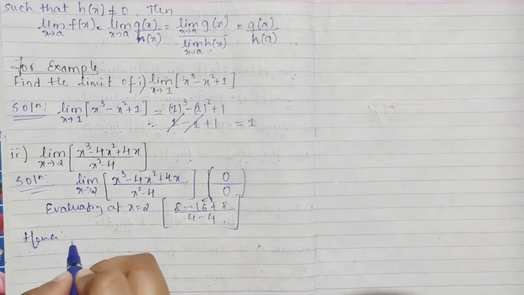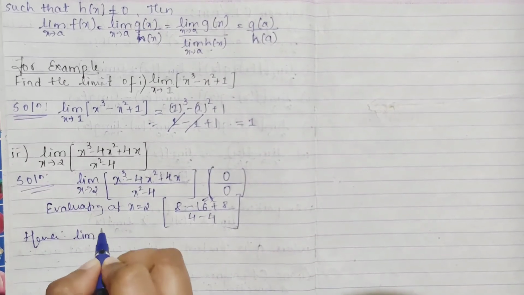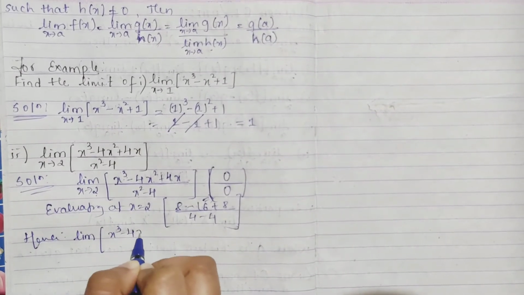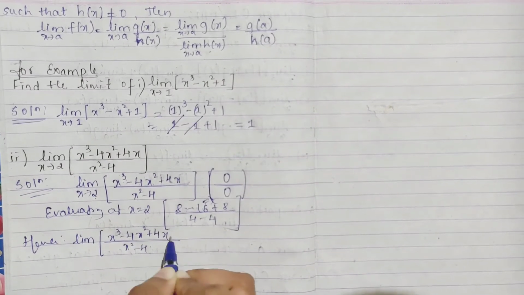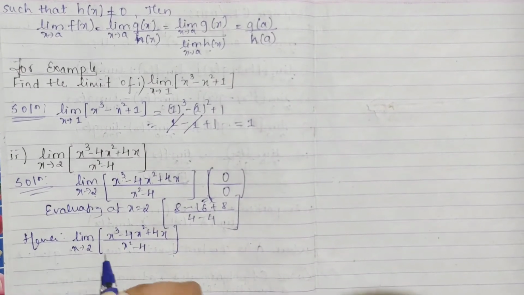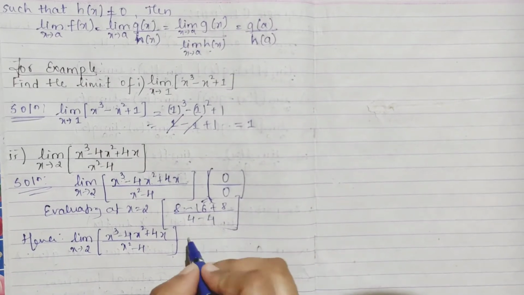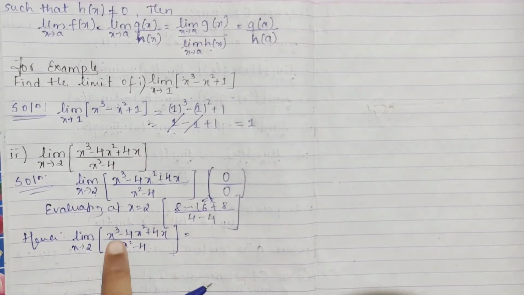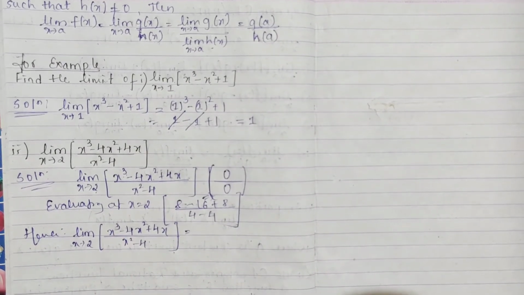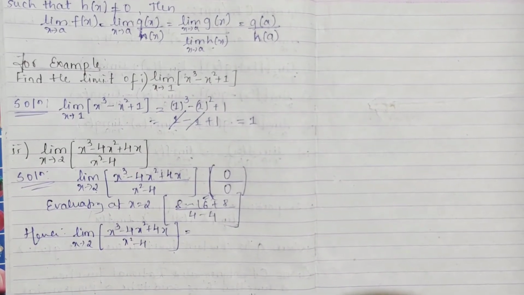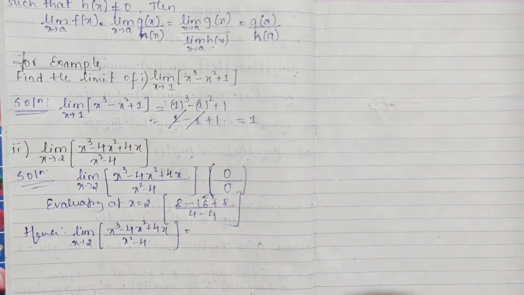We will do the factorization. We have x cube minus 4x square plus 4x over x square minus 4 as x tends to 2. The numerator is in cubic form, so you will get x into x minus 2 whole square.